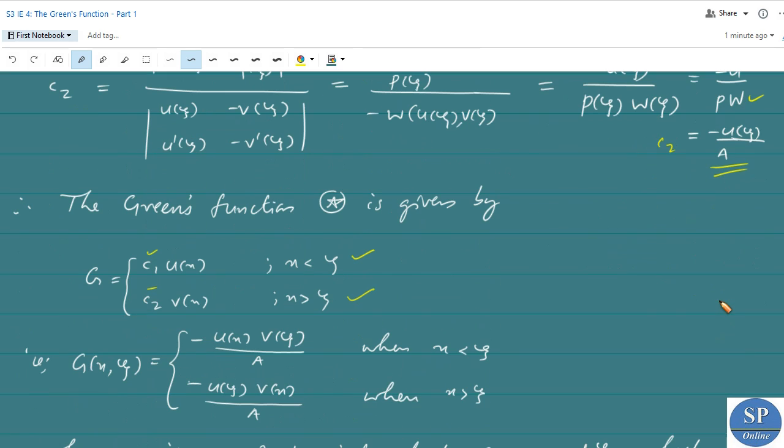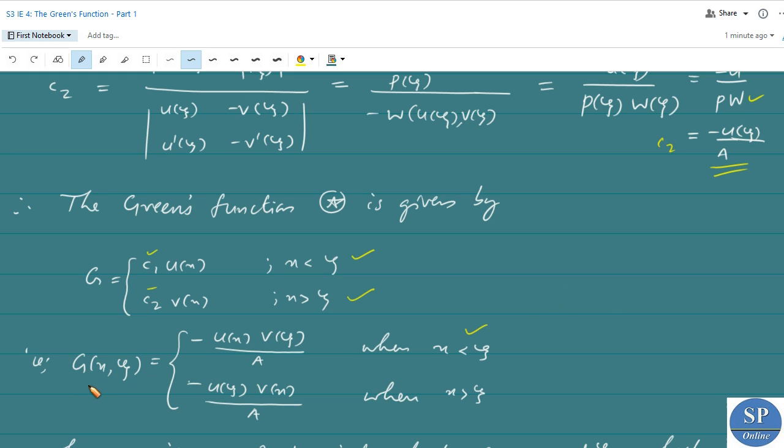So replacing that, you will get minus u of x into v of zeta divided by a when x is less than zeta, and when x is greater than zeta, minus u of zeta into v of x divided by a.